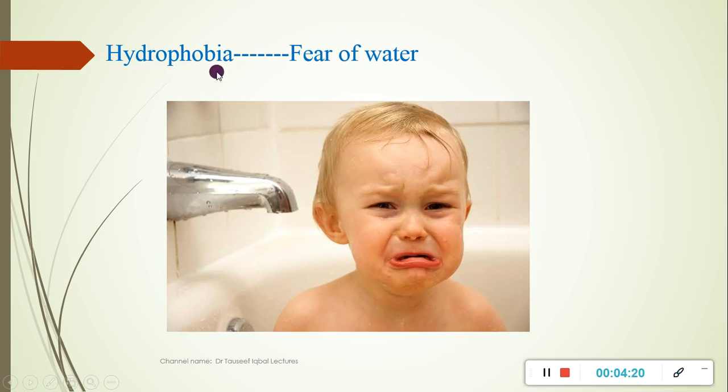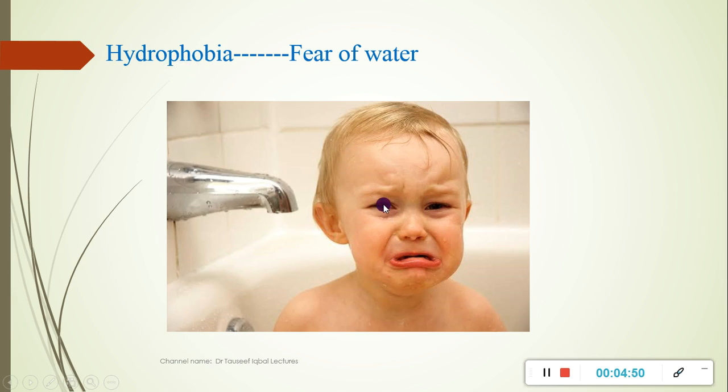Next is hydrophobia. So hydro means water and phobia means inappropriate fear. So basically hydrophobia is fear of water. So if someone is bitten by rabies, or a person has infection of rabies, one of the symptoms of rabies is hydrophobia.